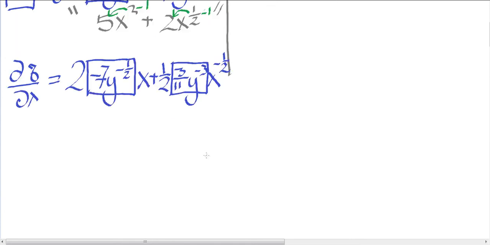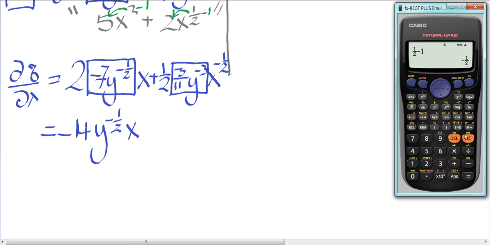Now, let's clean up. We'll take it slowly. All you can do is multiply like with like. It's numbers by numbers and letters with the letters, and the same letters each time. So we'll have minus 14, y to the minus a half by x. That's fine. And then I'll have a half by 3 over 11. Now again, if I'm not 100% sure how to do that, just let the calculator do it.